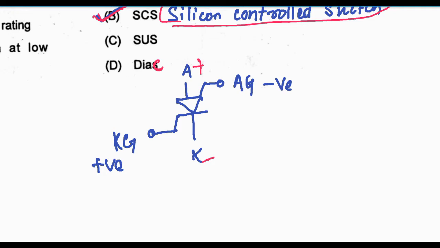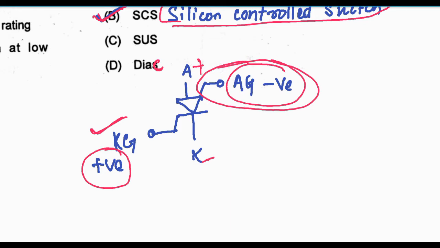If we provide the cathode gate with a positive supply with respect to cathode, then it gets turned on just like SCR. But in case of the anode gate, we have to provide a negative potential of voltage so that it turns on. So this is the difference between SCS and thyristor. Only this one is the difference.